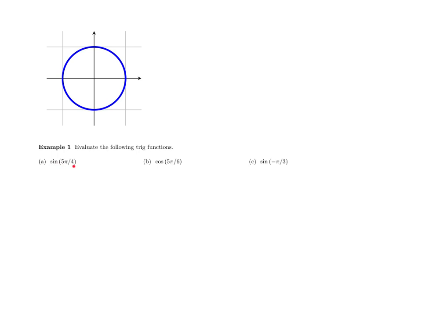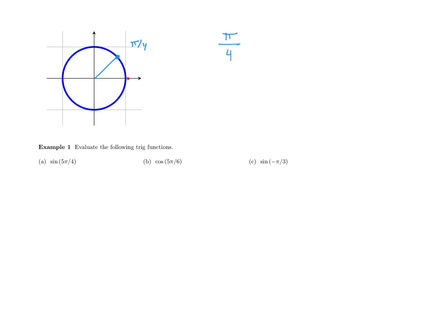Now this pi over 4 makes me think of, on the previous slide, the angle pi over 4, which is right here. That is a 45-degree angle. The first thing to think about is, where is 5 pi over 4? Radians is nice because you can actually count by pi over 4s to find where this is.